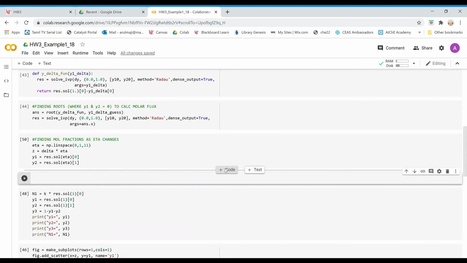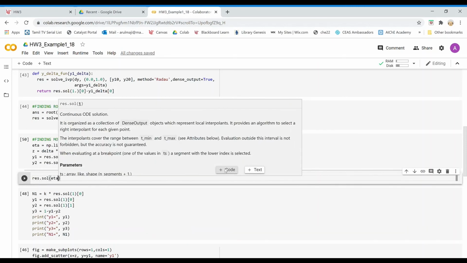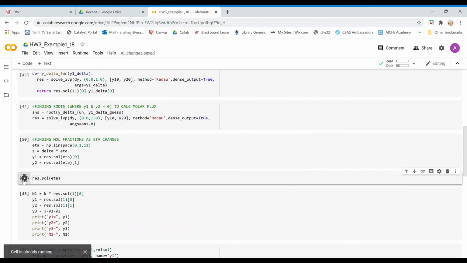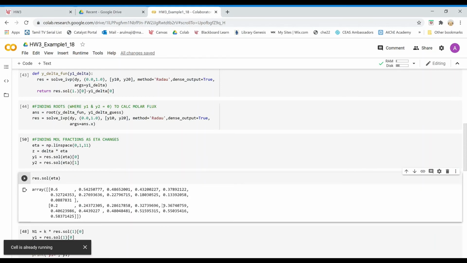We write out what this code is doing. We can see that this line of code is giving us y1, what it is at eta equals 0, at each individual increment as we get up to eta equals 1.